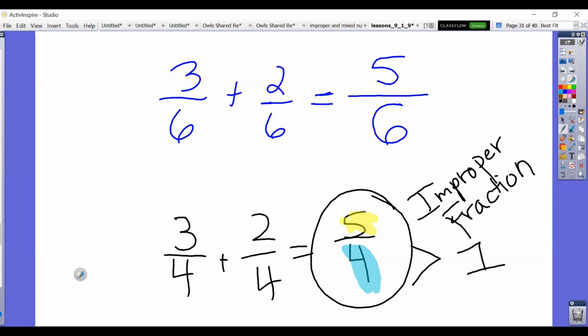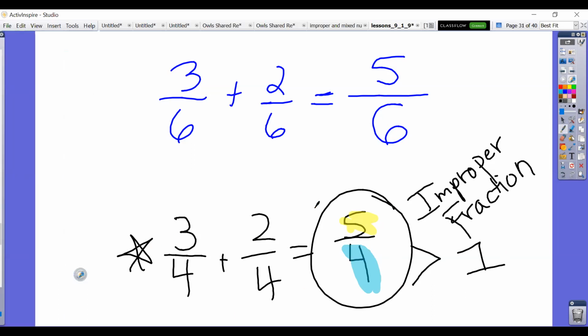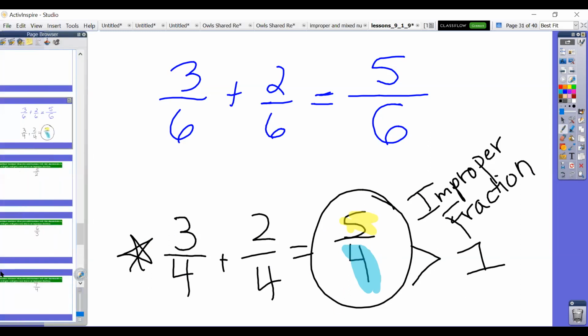Sometimes we have fractions that are greater than 1, and that can represent a large number. Today we're going to learn not only what an improper fraction is, but also, when we add fractions with like denominators and end up with an improper fraction, what we need to do to write it in the proper way.